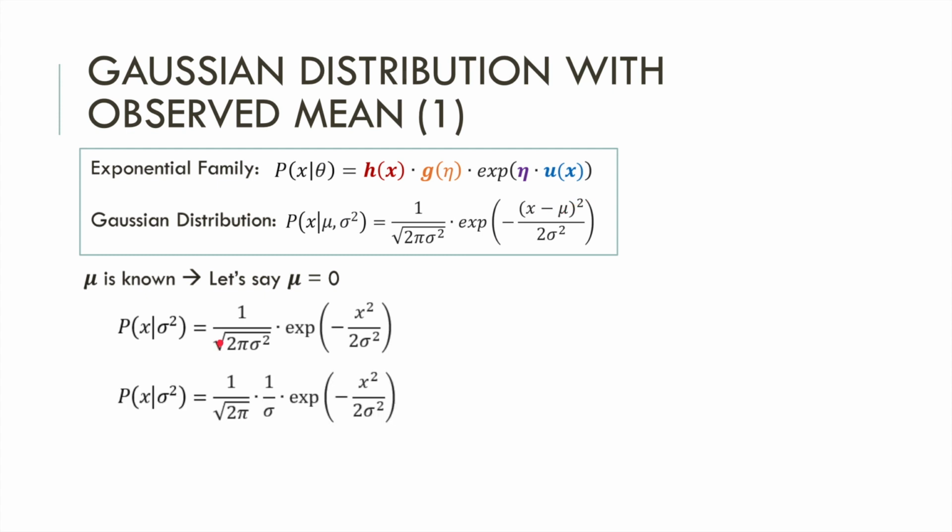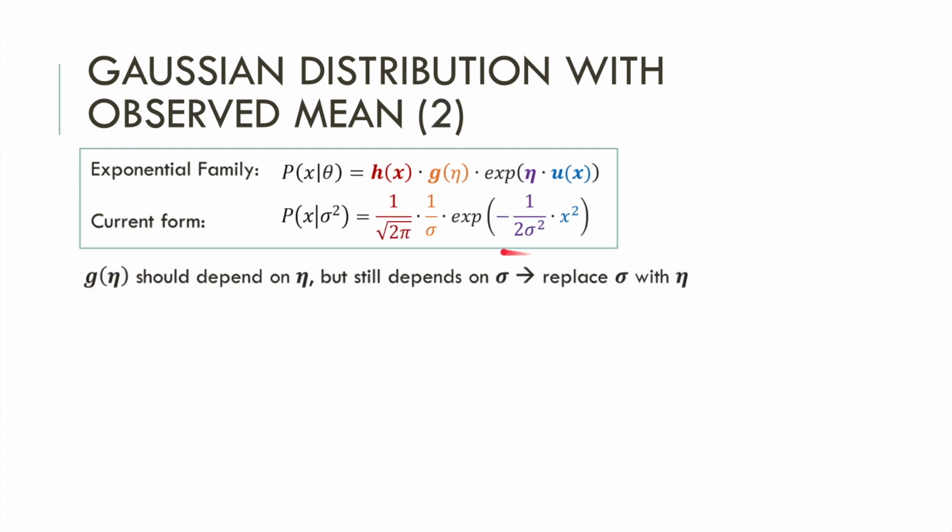As you know, the root of sigma squared is just sigma, so now we can take sigma out with 1 over sigma. Now we can factor out x squared right here. As you can see, our equation is taking on the form of the exponential family. The colors show you what is what.